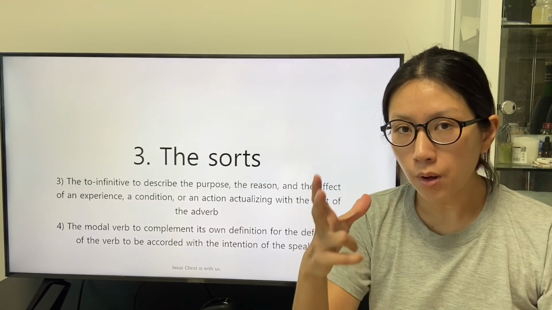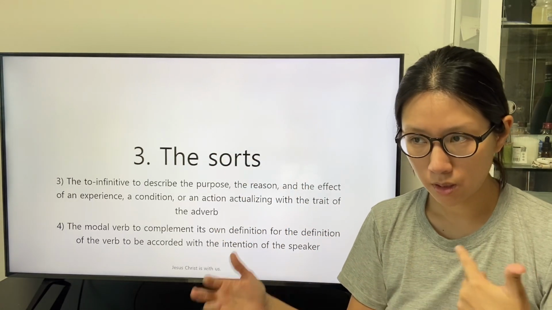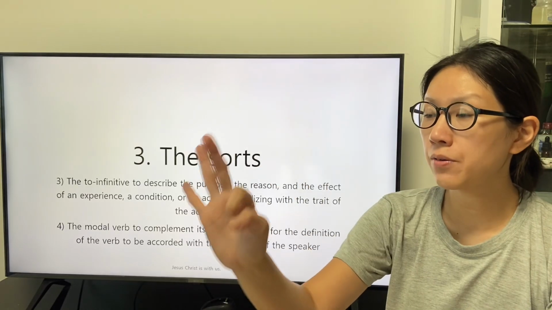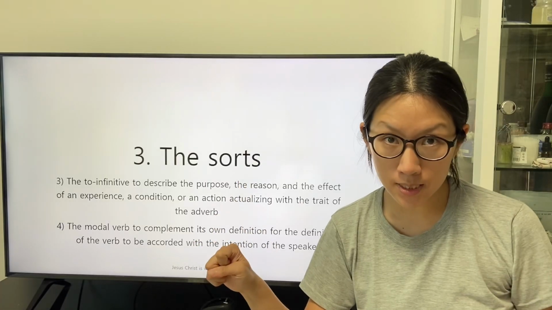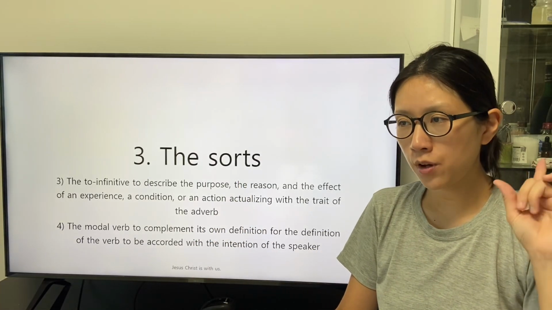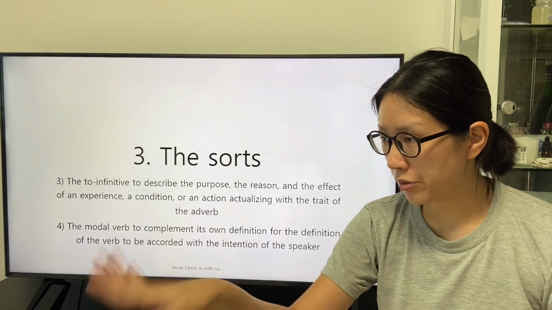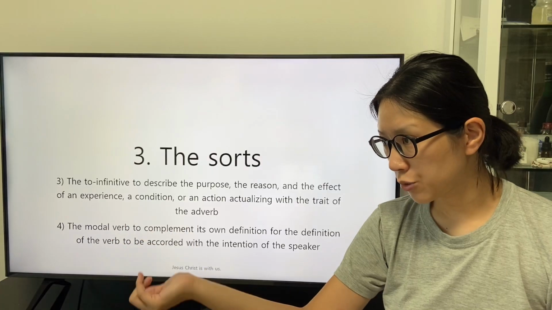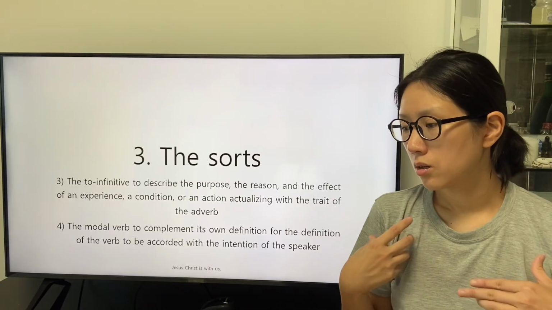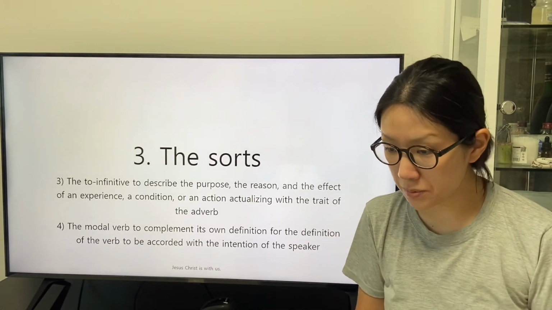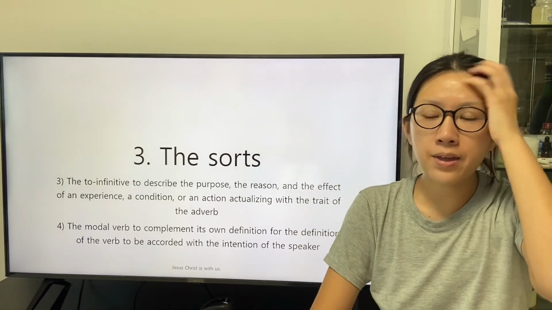The forms of the gerund and present participle reveal that the experience, condition, or action lasts during a period. The form of the to infinitive reveals that the experience, condition, or action described by the root infinitive is the purpose of the subject of the preposition to as the tentative actualization.